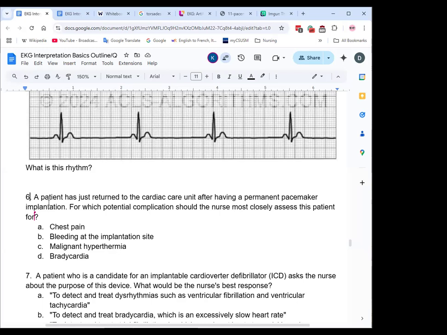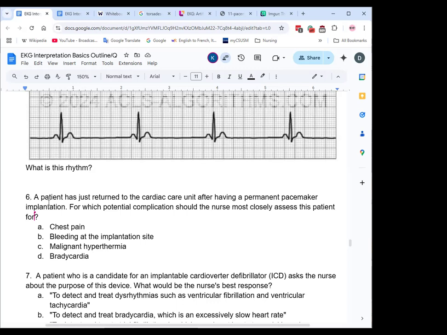So for number 6, the one that you're most likely to be assessing for immediately after their pacemaker is bleeding at the implantation site. So bleeding, infection, anything of the like immediately after. We could also look for the chest pain and the bradycardia, not to say that it won't happen.